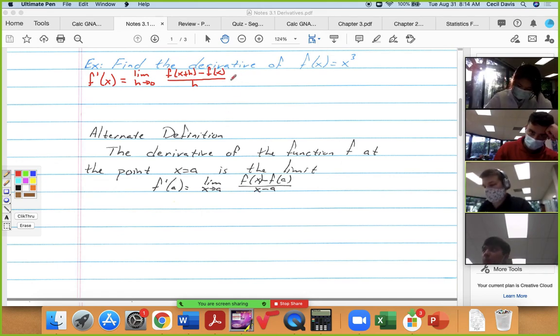So that's going to be the limit as h goes to 0 of x plus h quantity cubed minus x cubed all over h.